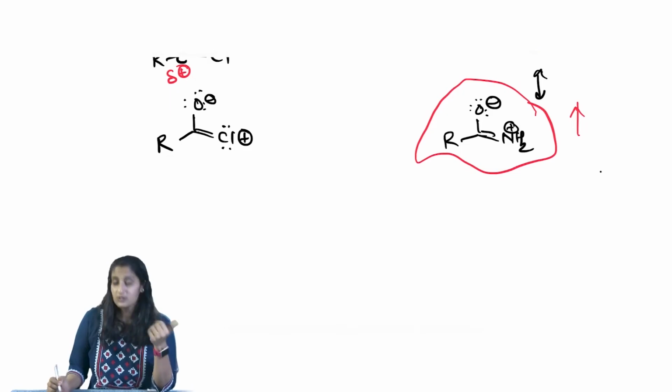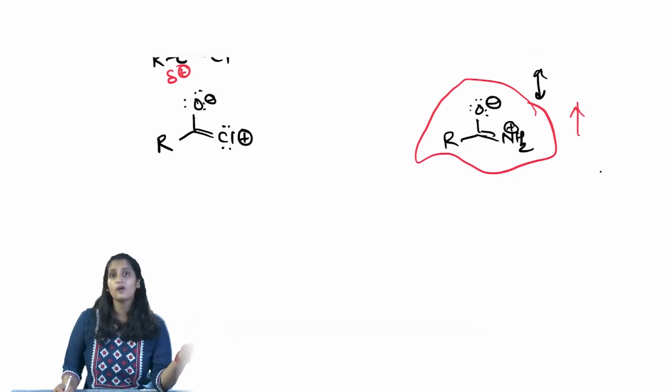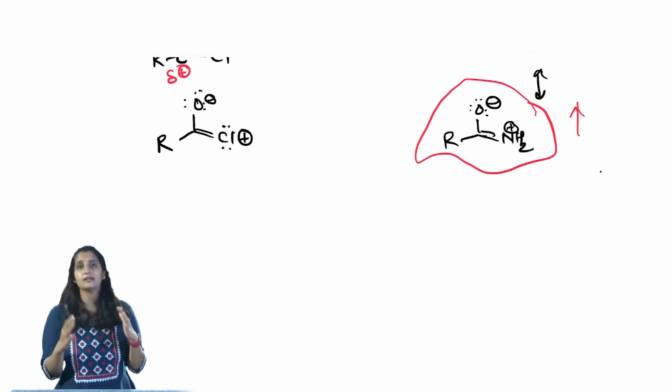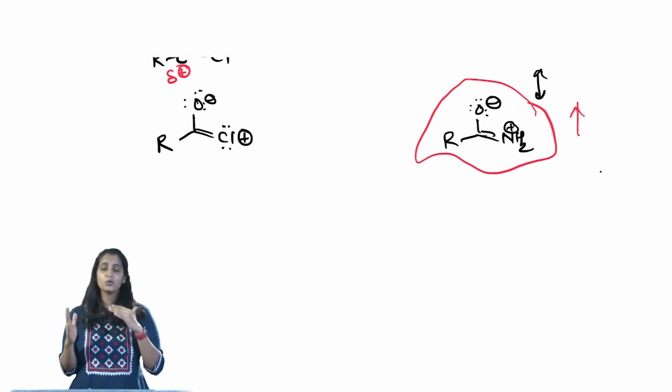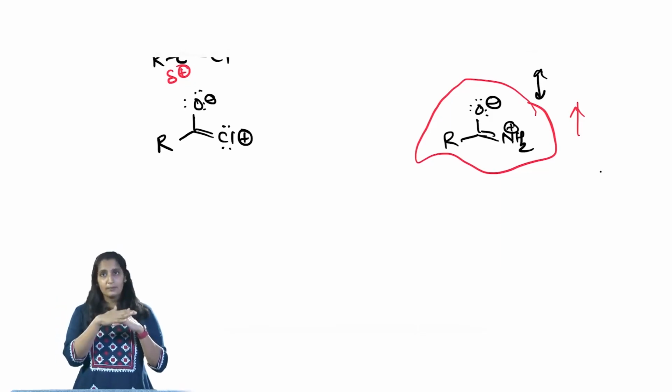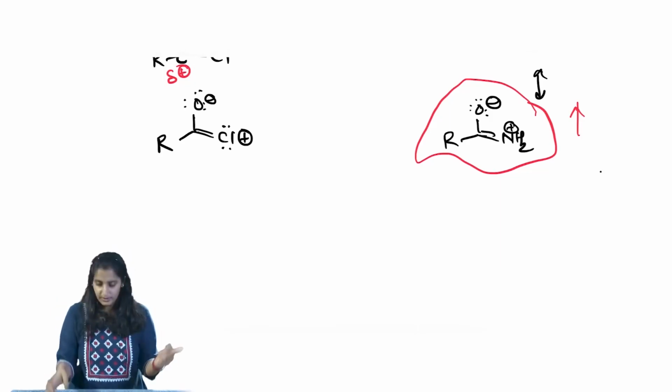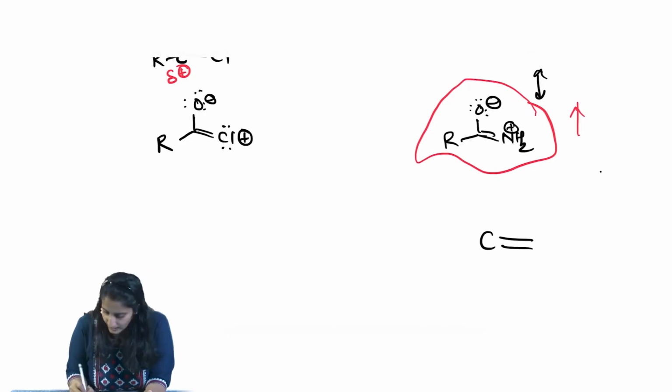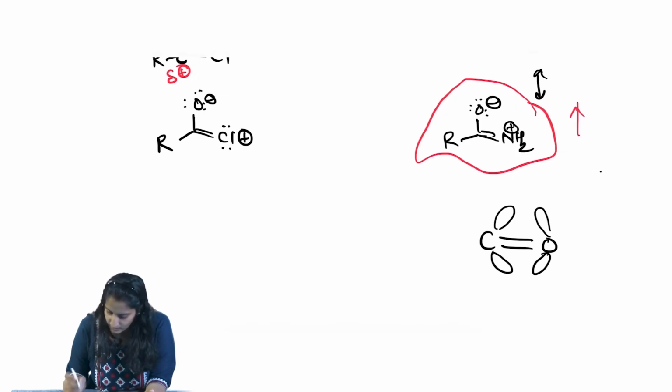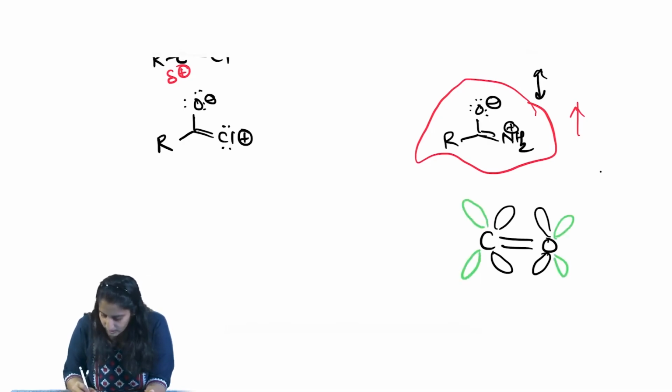Now, we can also discuss this based on the molecular orbital theory and the molecular orbital overlap. So, remember what is happening, the lone pair on the nitrogen is being donated towards the carbon. Now, which orbital will it go in? So, if we draw the diagram, the pi bonding molecular orbitals are here and the pi star, the anti-bonding molecular orbitals, which is here.